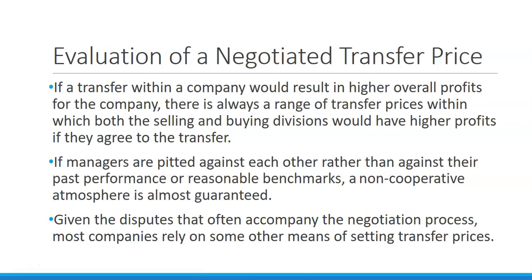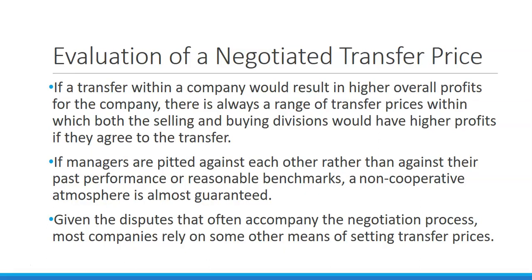If the transfer within a company results in higher overall profits for the entire company, there's always a range of transfer prices that both the selling and buying divisions could agree to. However, if managers end up competing with each other, they are reluctant to set transfer prices.